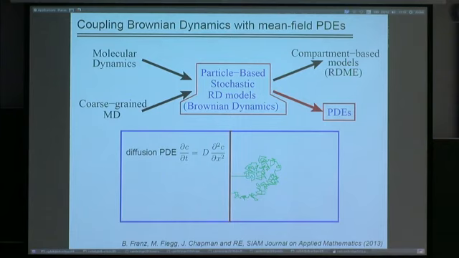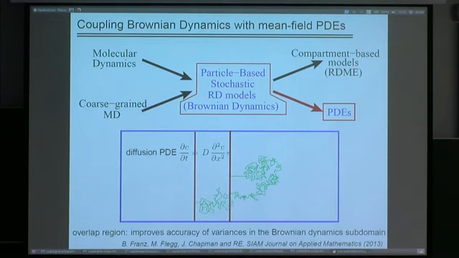So the only solution is to introduce some overlap regions, which is very common in multi-scale applications. It's a region where these different descriptions exist together. So you would solve a diffusion PDE on this domain, and initialize particles on this part, but let them diffuse all the way until here, and then you can get correct variances.